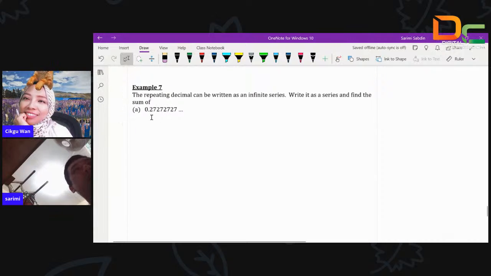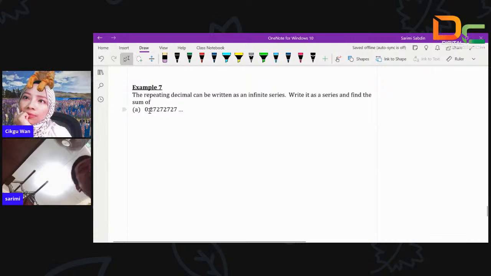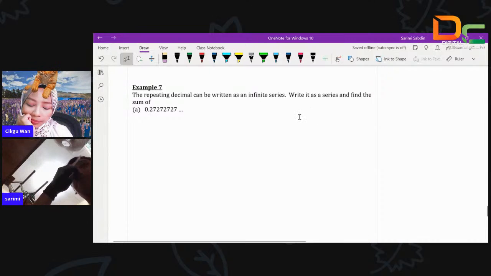So one of the applications for geometric sequence is to change the repeating decimal, ataupun setengah buku dia tulis recurrent, into a fraction form, ataupun sini dia kata written in some infinite series.